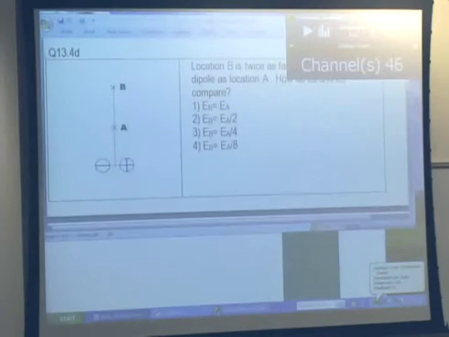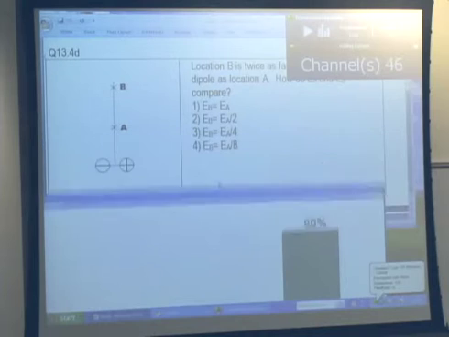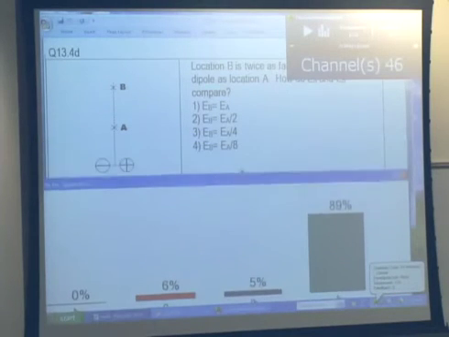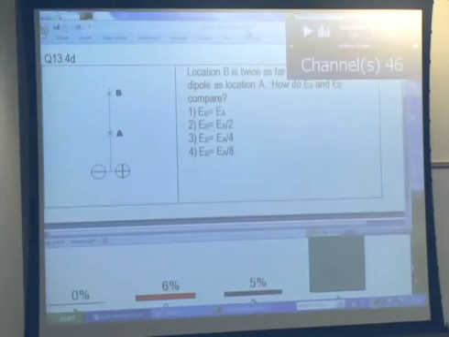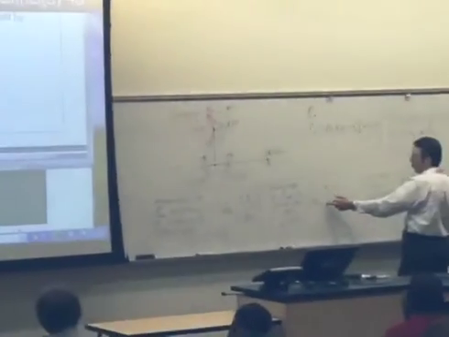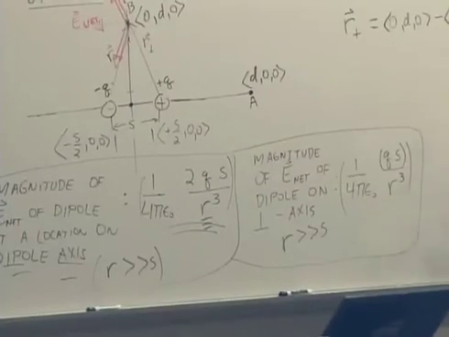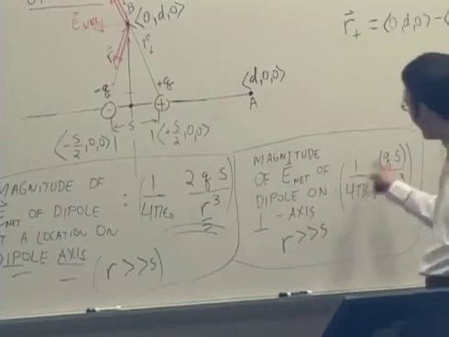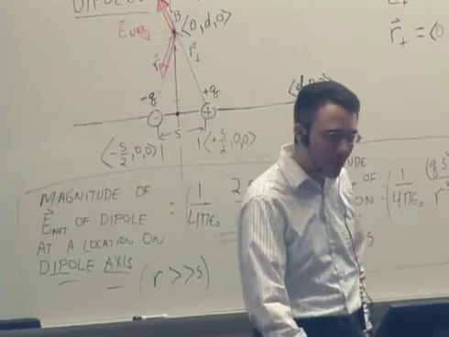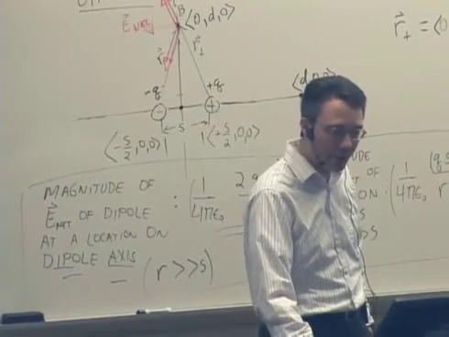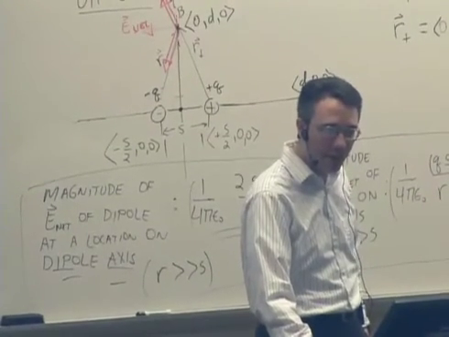The distance dependence is 1 over the distance cubed for a dipole, provided you're far enough away from the charges. So if you double the distance, just think about plugging into the formula here. If you plug in 2r, 2r to the third gives you a factor of 8, so you're dividing by a factor of 8, right? The electric field at B is 1/8 of the electric field at A, okay? So almost everybody got that.